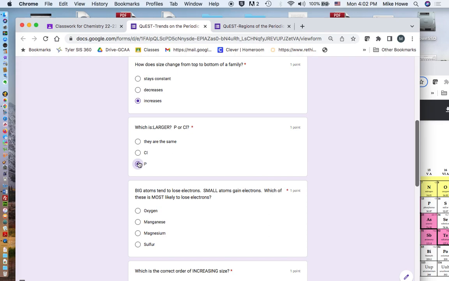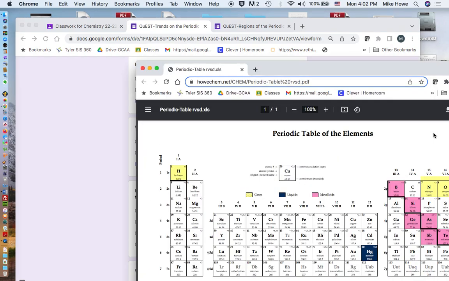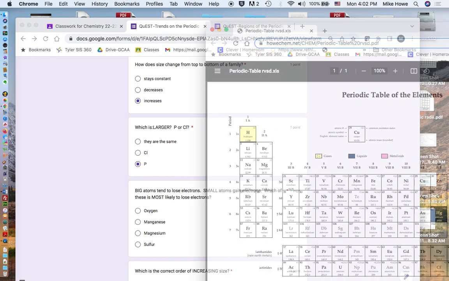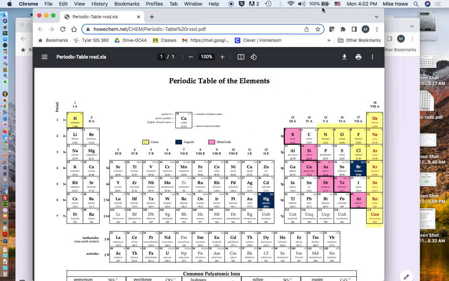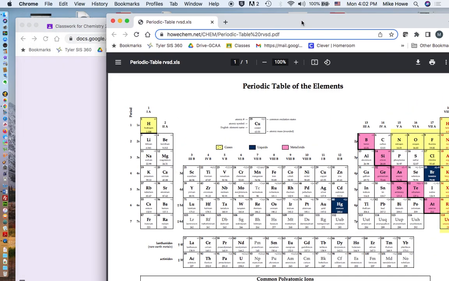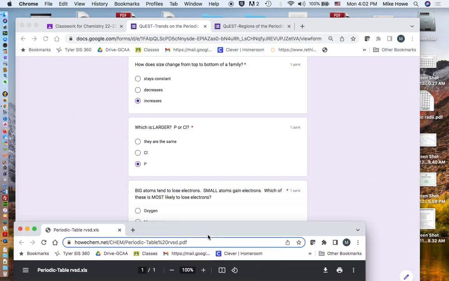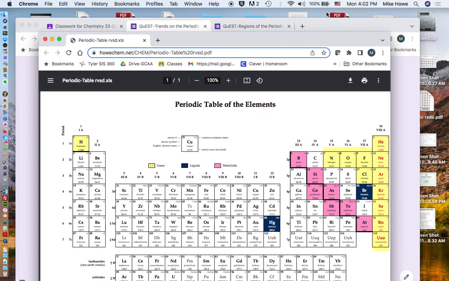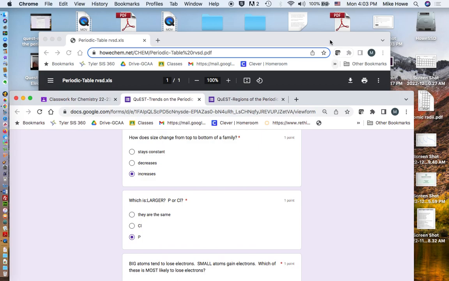So which one of these is most likely to lose? You're looking for the biggest one. So if you look at oxygen, manganese, magnesium, and sulfur, here's oxygen, there's sulfur, manganese, magnesium. You want to find the biggest one. So it's going to be between manganese and magnesium. So then what you need to do probably to nail it down is go back to this.